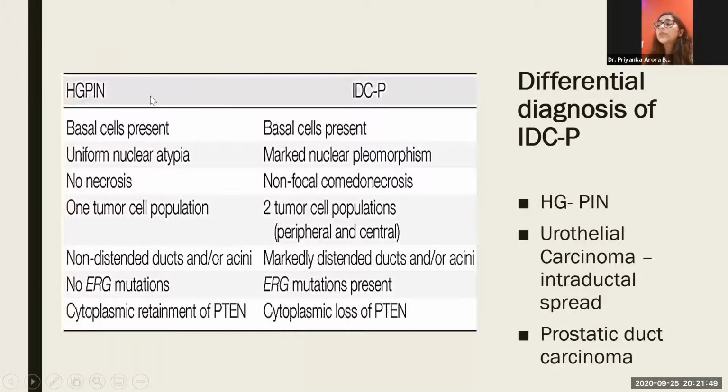Whenever you see on histopathology something that looks like intraductal carcinoma of the prostate, you have to differentiate it from high grade PIN. High grade PIN is the precursor lesion for malignancy, and you can imagine why you have to differentiate between the two.